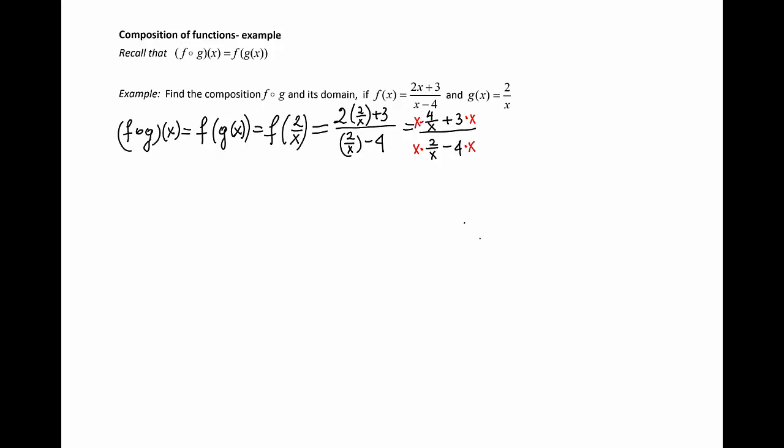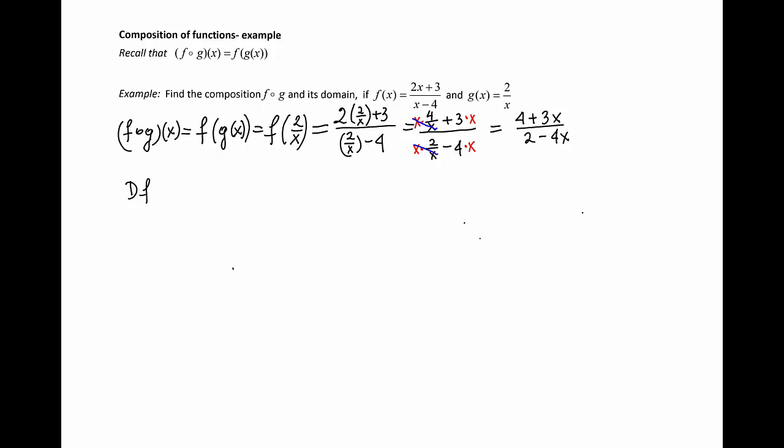This will guarantee that denominators will cancel, and as a result we'll get the simplified formula 4 plus 3x over 2 minus 4x. This is the formula for the function f circle g.